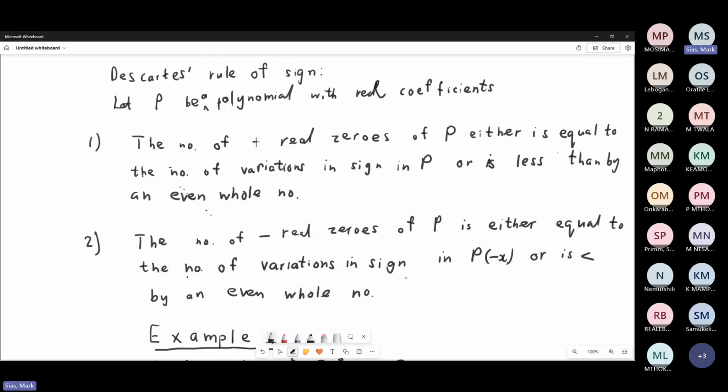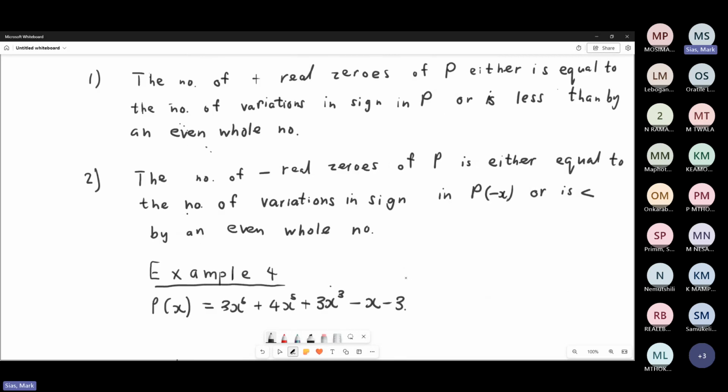So let's look at the first point there, okay? And then compare it with what we have in front of us. If you look at the positive part, if you look at P of x only, what do you see there in terms of variation in sign, guys? You see all these ones are positive. 3 is positive. 4 is positive. 3 is positive.